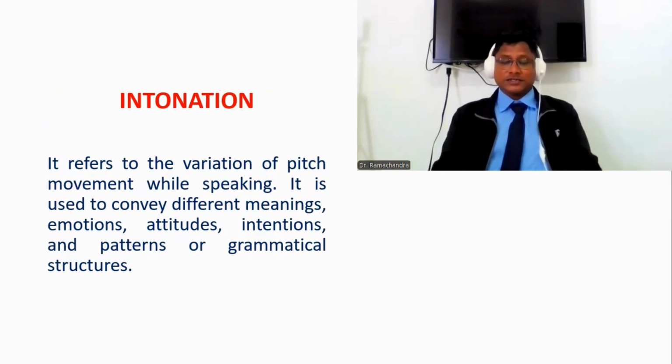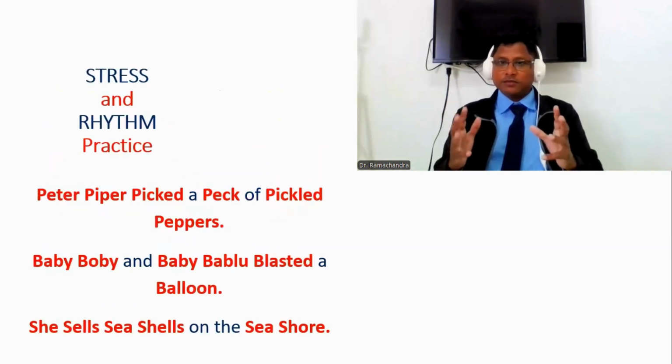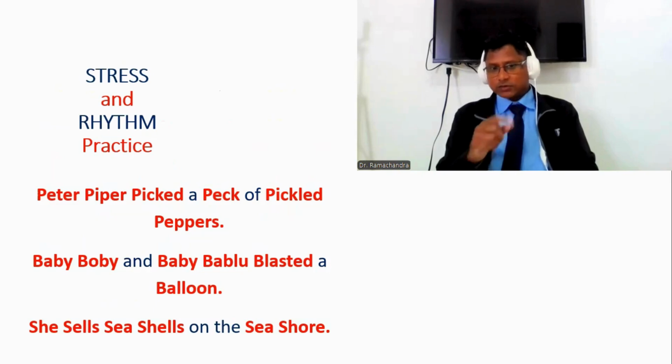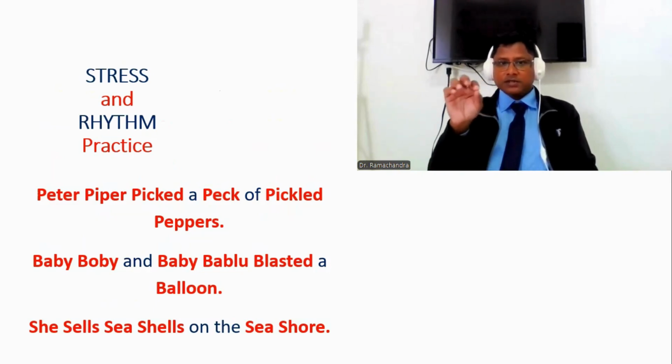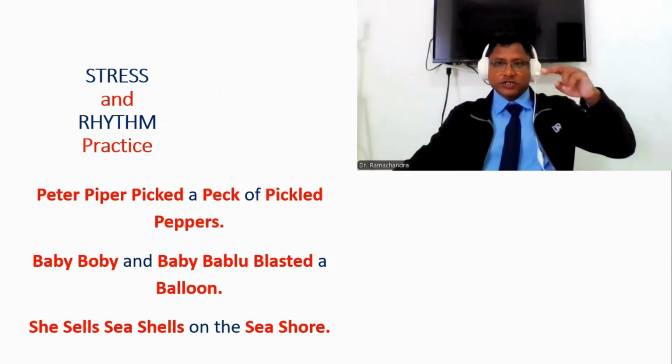So how to practice them? How to get them? It's very easy. We look at stress and rhythm practice. You take the tongue twister. Peter Piper picked a peck of pickled peppers. But you see that, as I mentioned when I talked about the rhythm, stressed and unstressed syllables.